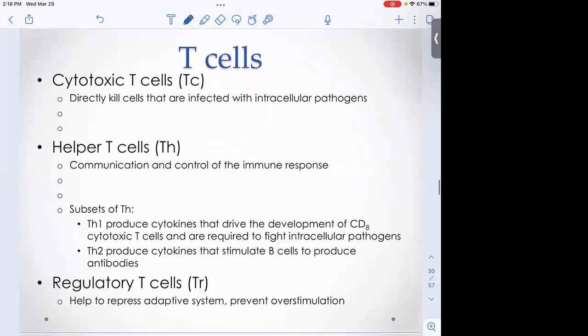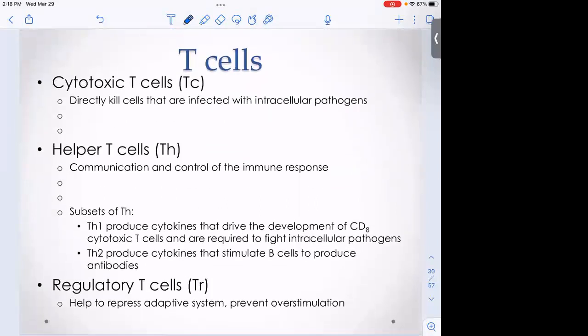So putting that together, I already mentioned cytotoxic T cells and helper T cells. Let's go through what their job is, then look at T cell receptors, and then we'll put everything together. What cytotoxic T cells do is kill cells that are infected with some intracellular pathogen.